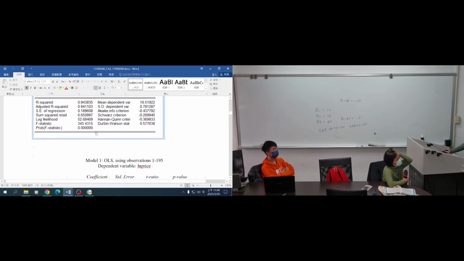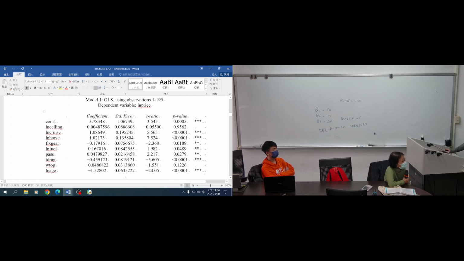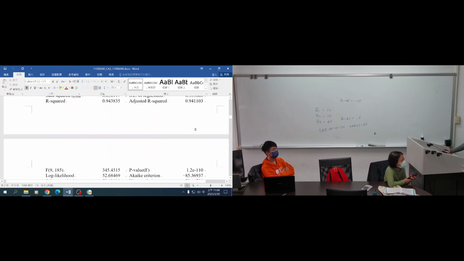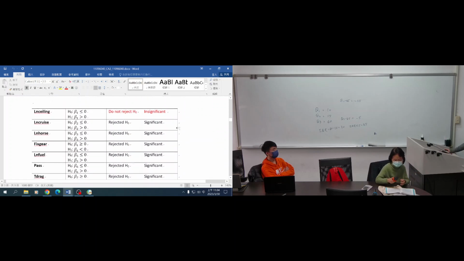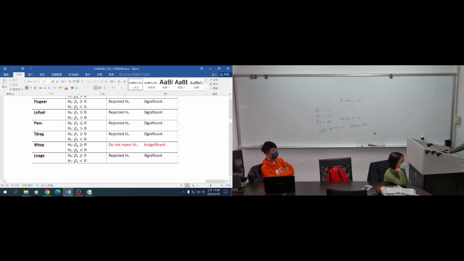I also ran it in Gradle to see the stars, so I can see which variables are insignificant. From this result I have the conclusion that the ln sailing is insignificant, and also the w top is insignificant too.